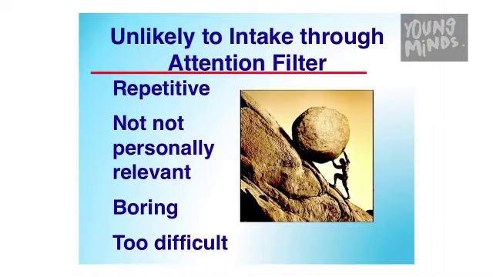But here's what indeed is or was happening. The brain is directed to attend to what's new, what's different, what's changed. Novelty, curiosity. That's what's directed. That's how it's set. So it's unlikely to select out of the millions of bits something that seems repetitive, that's not personally relevant, that's boring, that is too difficult.